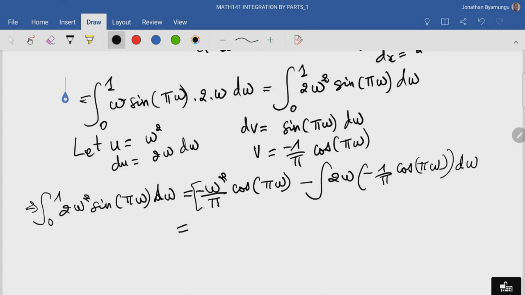Again, this is all evaluated between 0 and 1. I just keep forgetting to include it.